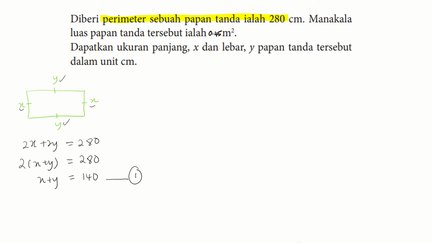And it says that the area is 0.45 meters square. So let's change the unit from meter square into centimeter square, meaning that 0.45 multiplied by 100 multiplied by 100. This 100 is for the length and this 100 is for the width. So it is equal to 450.